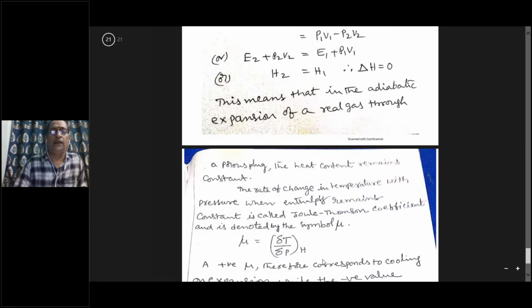Now, we define Joule-Thomson coefficient mu as the rate of change of temperature with respect to pressure, and it is represented by the symbol mu. So mu is equal to delta T by delta P at constant enthalpy.